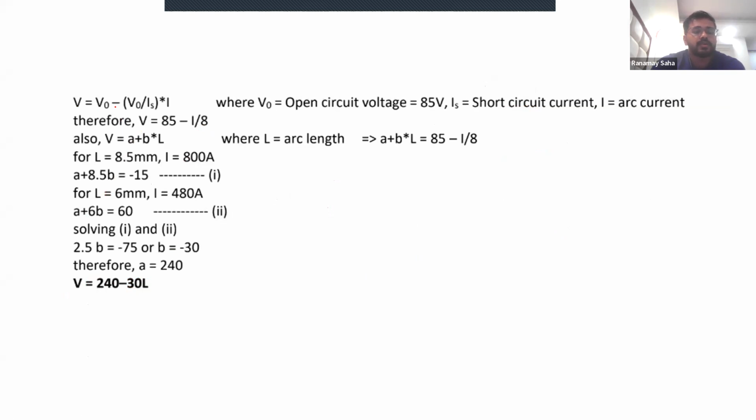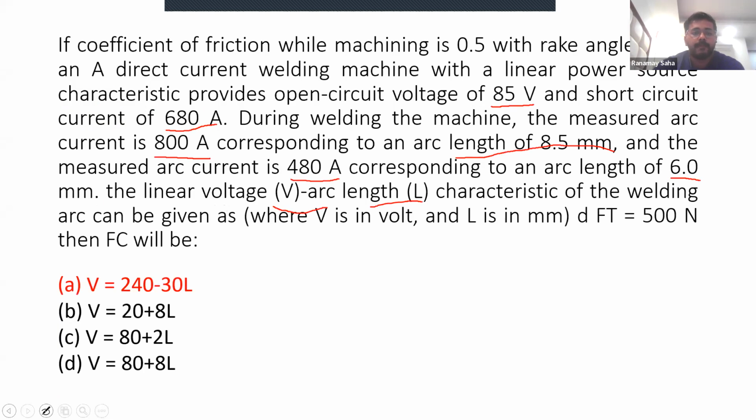For linear arc source characteristics, your voltage is related to the open circuit voltage V naught and the short circuit current Is by this particular relation. Now it has been given that V naught is 85 and Is is actually not given, right? Oh, 680 is given.